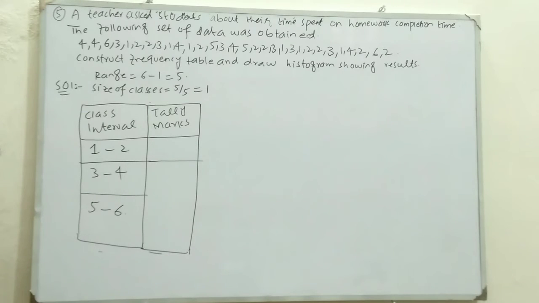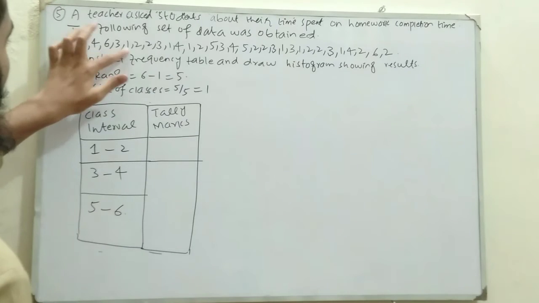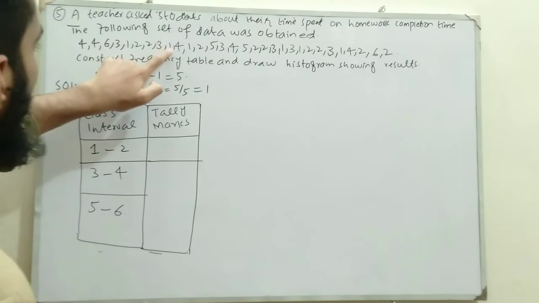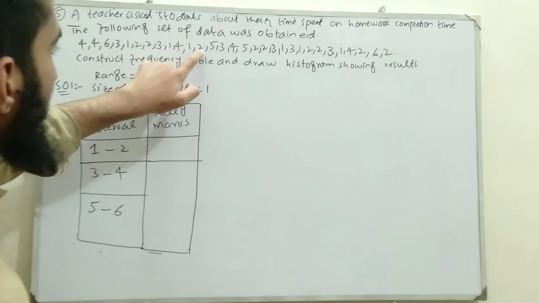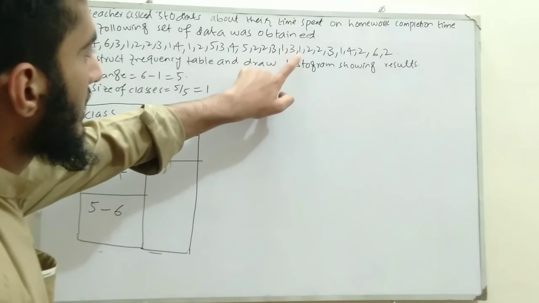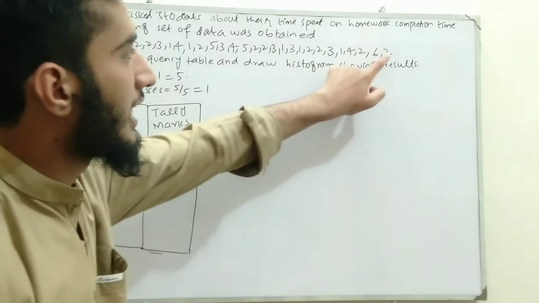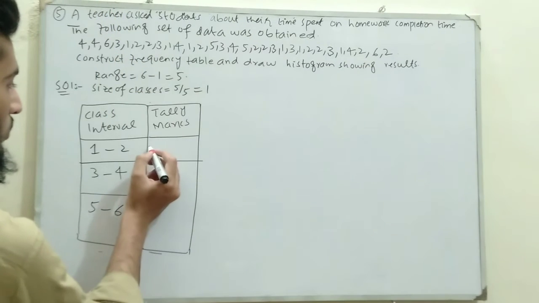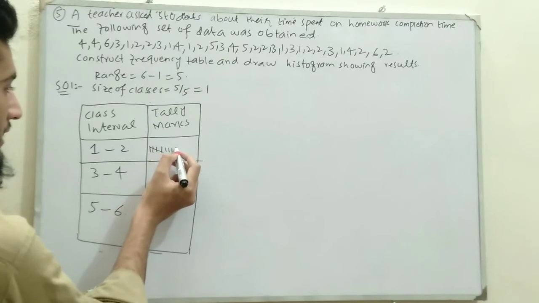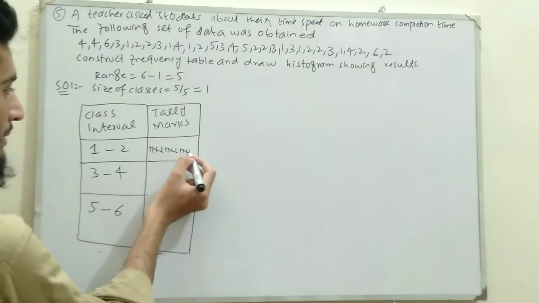So we count 1, 2, 3, 4, 5, 6, 7, 8, 9, 10, 11, 12, 13, 14 and 15. So we have 15 tally marks.